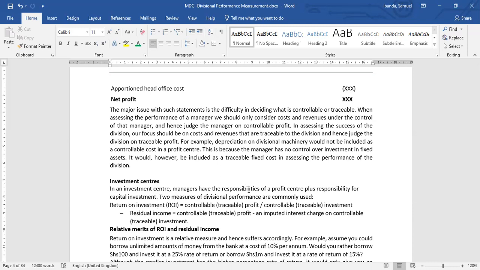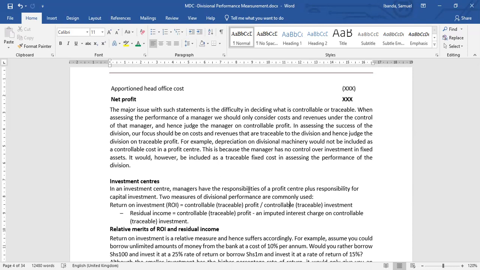Residual income is one of those other measures that we use to evaluate investment centers, those divisions that have the autonomy to make investments. With residual income, we take the controllable or traceable profit, depending on whom we are evaluating, and we less what we regard as the imputed interest charge on controllable or traceable investment.